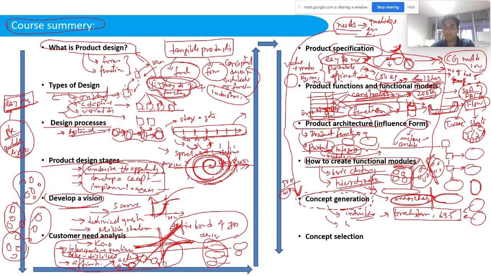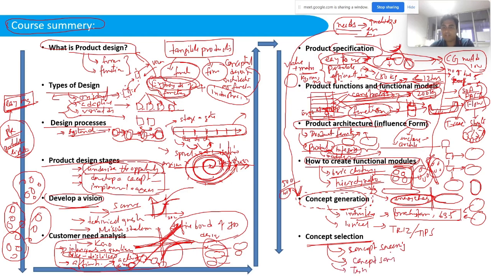Then we have a logical method, which I already discussed at the beginning of this class, like trees, and finally the concept selection. Concept selection can be broken down into concept screening, and concept scoring and testing.